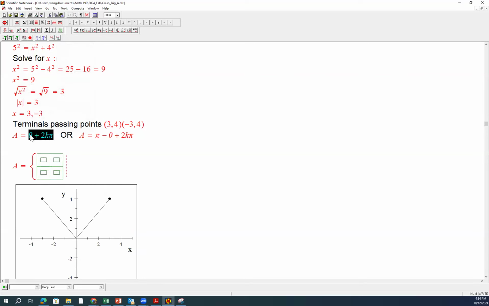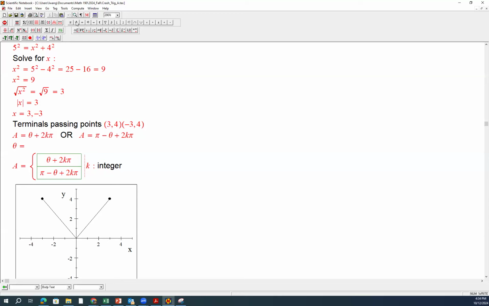One is theta plus 2k pi, and the other one is pi minus theta plus 2k pi. The solution varies, and k is any integer. So both terminals are represented, and we have represented the solution. Now the only question we have left is, what is theta?